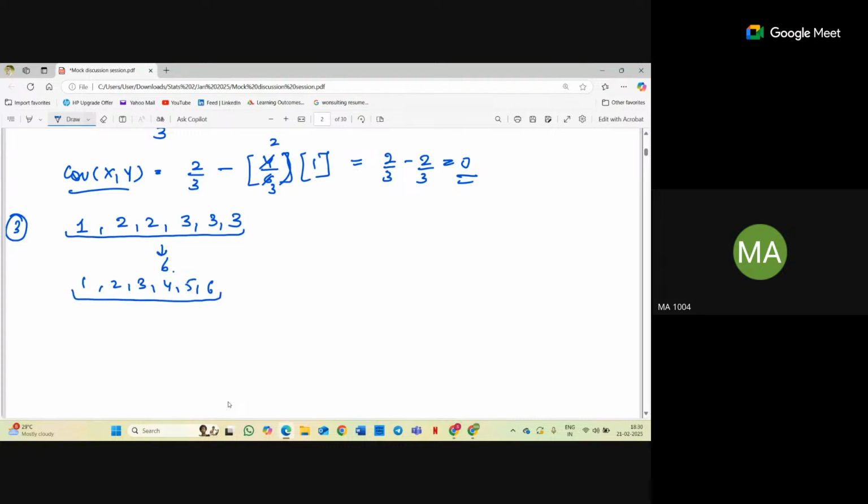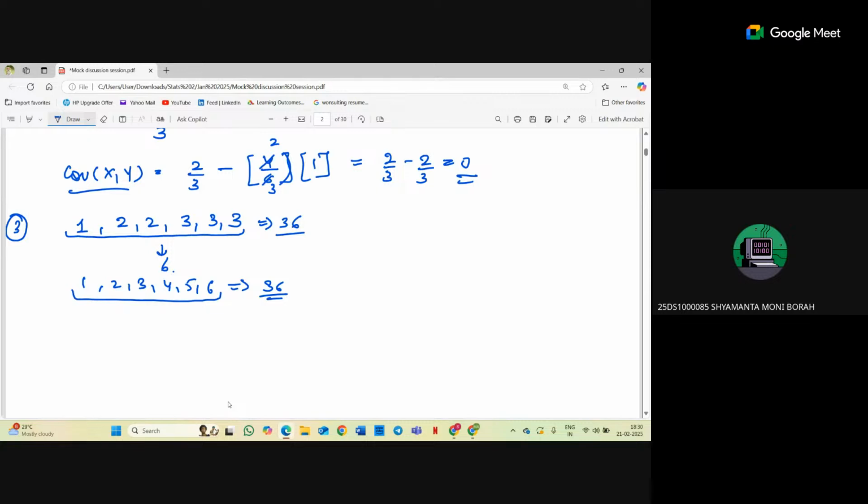If I'm rolling the dice twice, the number of samples is 36. Here also, in place of 1, 2, 3, 4, 5, 6, we have 1, 2, 2, 3, 3, 3, and if I roll the dice twice, the number of samples would be 36 only.